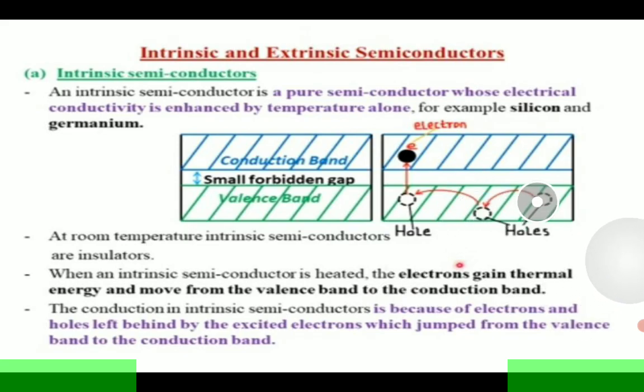Take note, when an electron leaves a spot, let's say initially the electron is here, when it jumps to another place, the original place becomes positively charged. There's what we call a hole left. That positive charge or positive charge carrier is called a hole. When it moves to another place, the new place also becomes a hole when the electron jumps like that to another place, and so on.